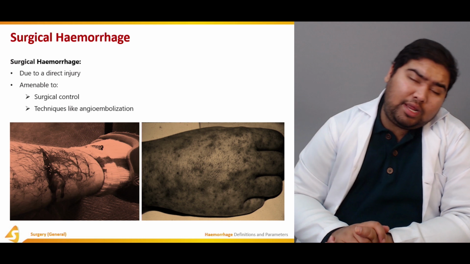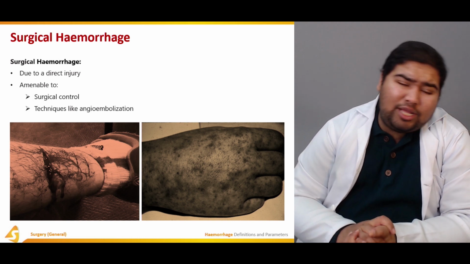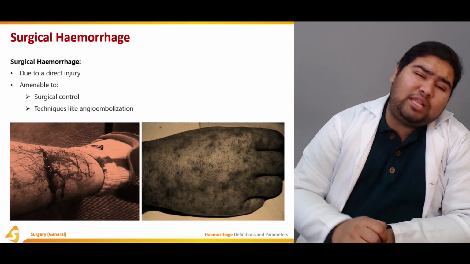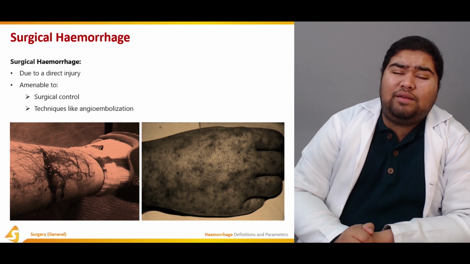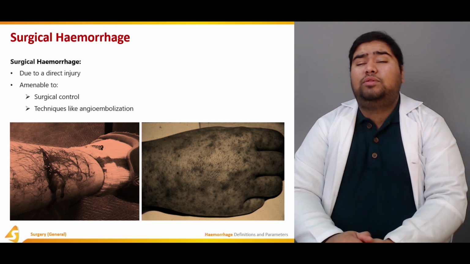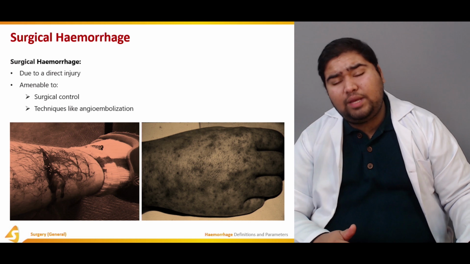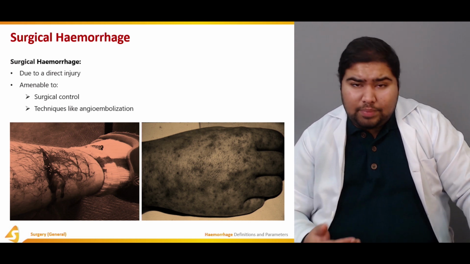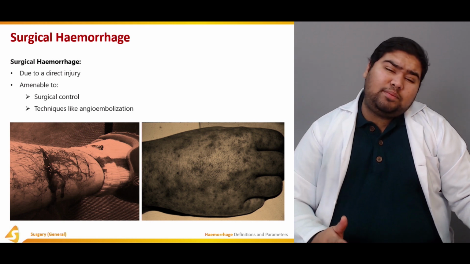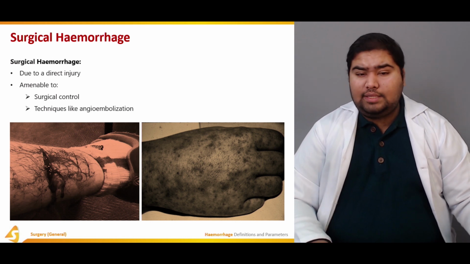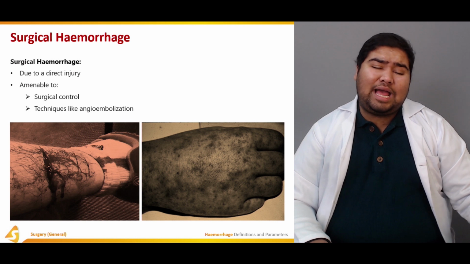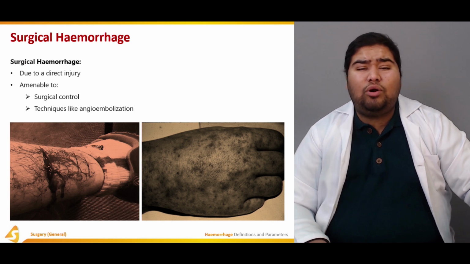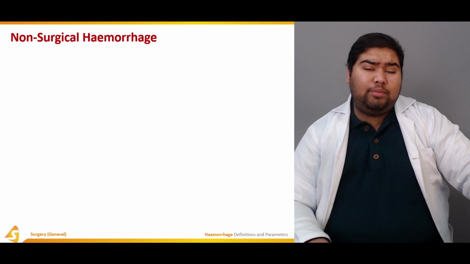Angioembolization is a technique in which you enter a blood vessel and you try to plug or embolize that blood vessel so that further blood cannot flow through it, and by doing that you try to control the bleeding. So this is the process of angioembolization, and this can be utilized in the control of a surgical hemorrhage.